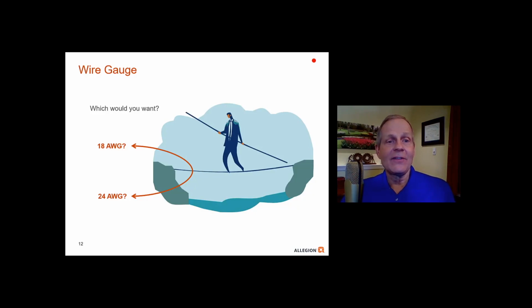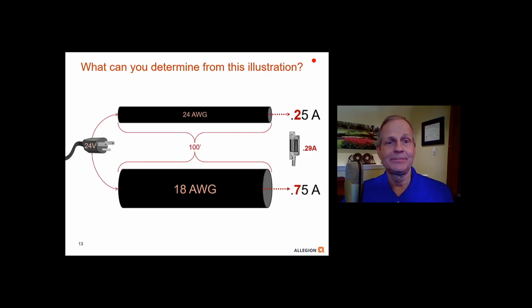All right, so if you chose the 18 gauge, you would be correct if you were looking for the larger diameter tightrope. So remember, the larger the number, the smaller the diameter. So in this example, you'd probably want to use 18 gauge wire. Even though it's a smaller number than 24, it's actually larger in diameter.